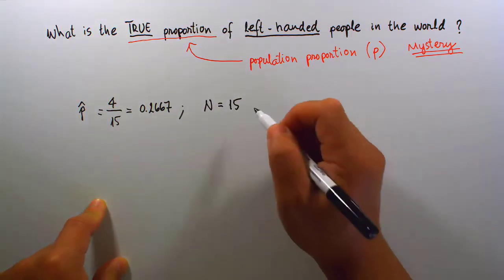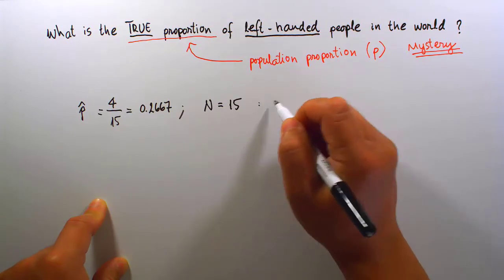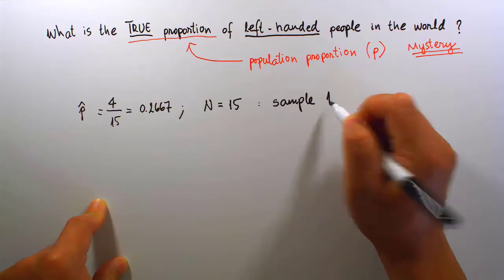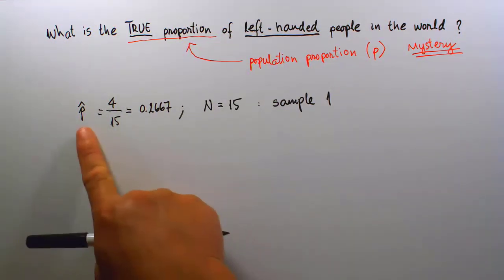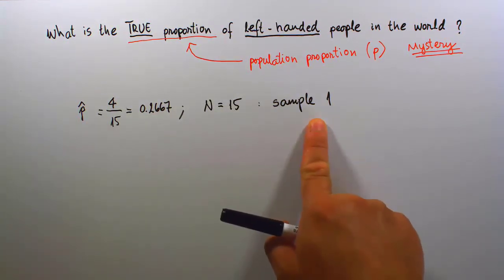So right now let's call this sample of mine sample 1, because it happens to be the first sample I brought up. This sample proportion value came out from sample 1.